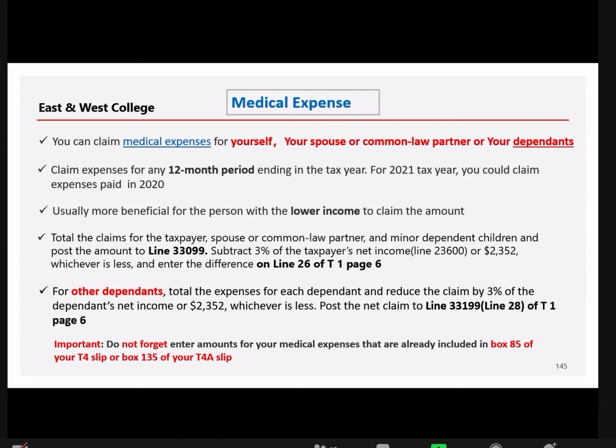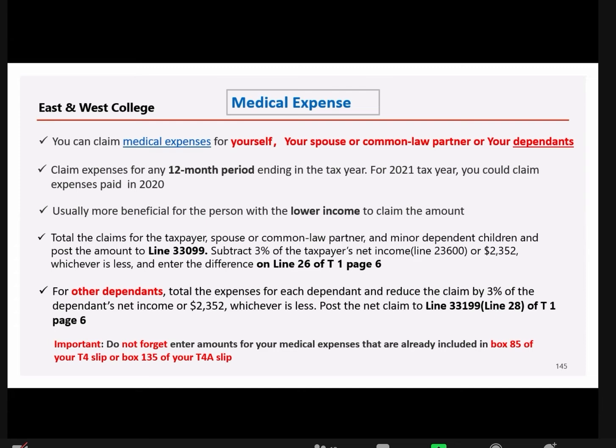But if you choose January 2021 to December 2021, that's absolutely right, CRA won't say you're wrong. I just tell you, if you have an unclaimed 2020 receipt, you still get a chance to claim.